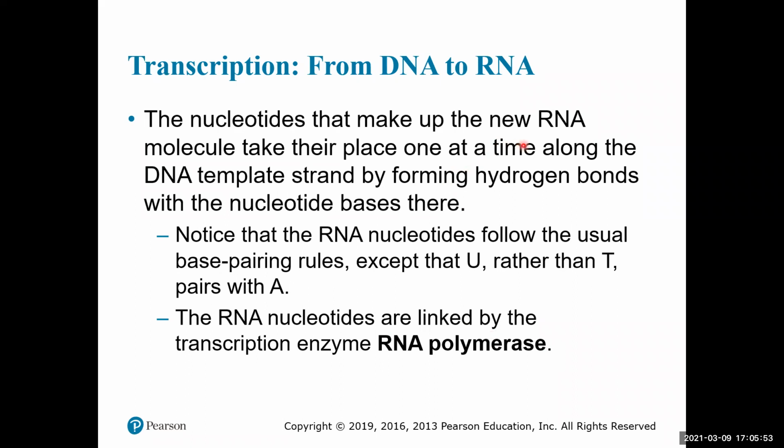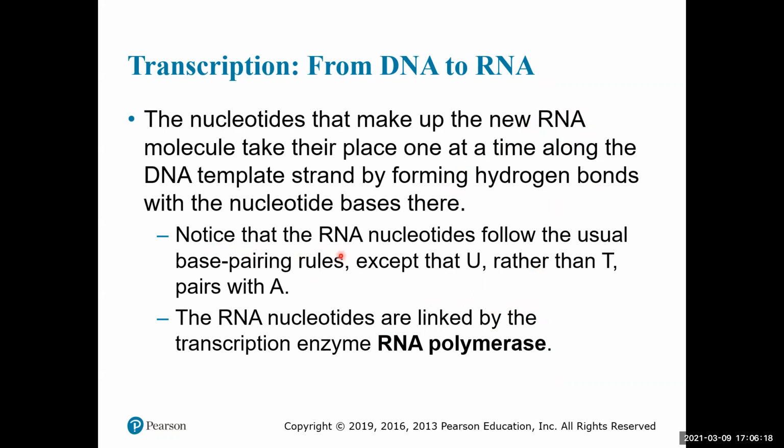The nucleotides that make up the new RNA molecule are put into place one at a time along that strand as the enzyme, the RNA polymerase, goes in and forms hydrogen bonds with the bases of that template DNA strand.